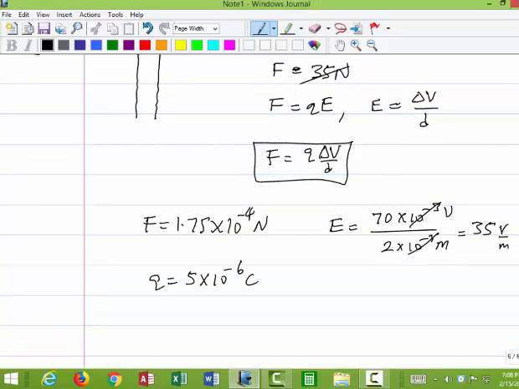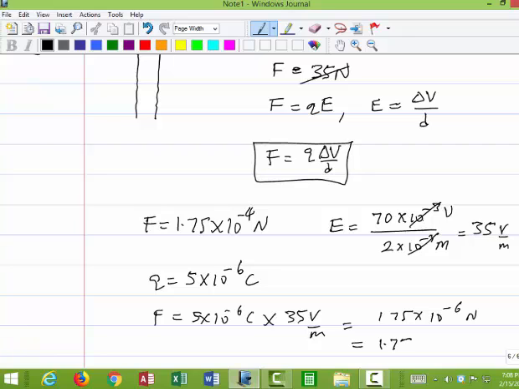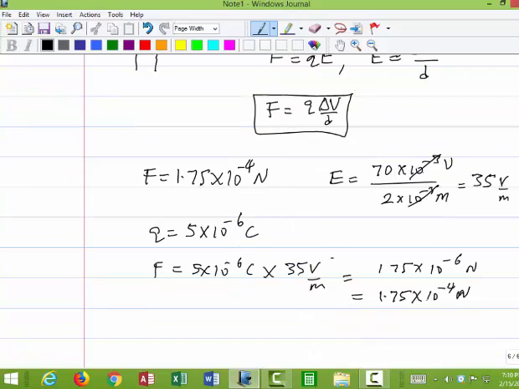And then F is equal to Q times E, so 5 times 10 to the negative 6 coulombs times 35 volts per meter, of course. So this would be 175 times 10 to the negative 6 newtons. So you can say 1.75 times 10 to the negative 4 newtons. So we can go on.